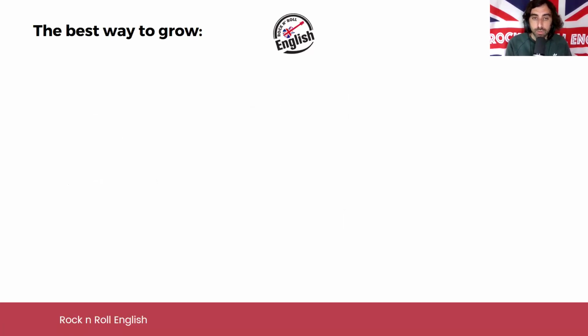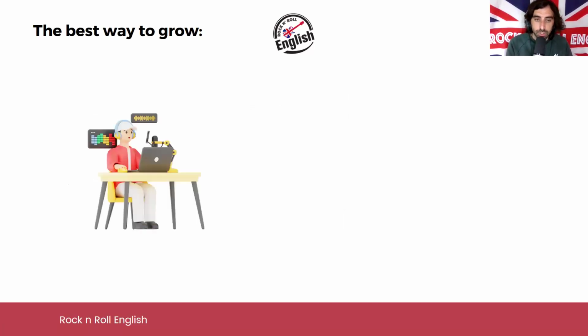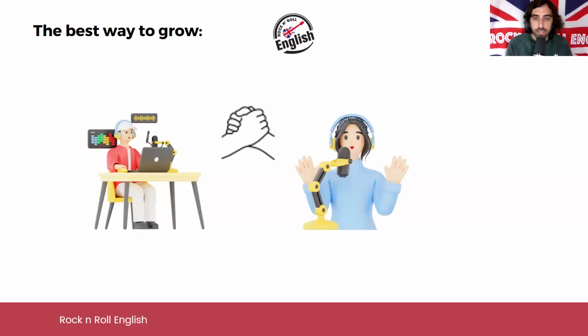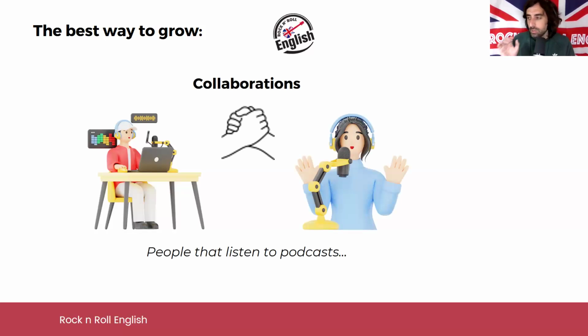So here is the best way to grow your podcast, guaranteed 100%. You start your podcast, you contact other podcasters, okay, and you do collaborations. Someone told me this really simple piece of advice once.